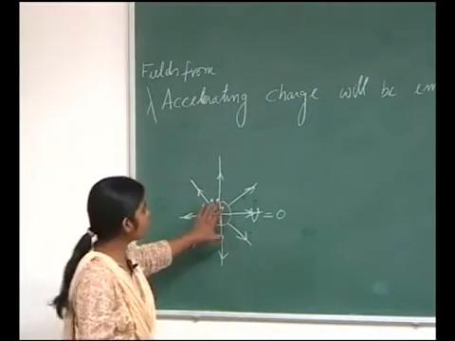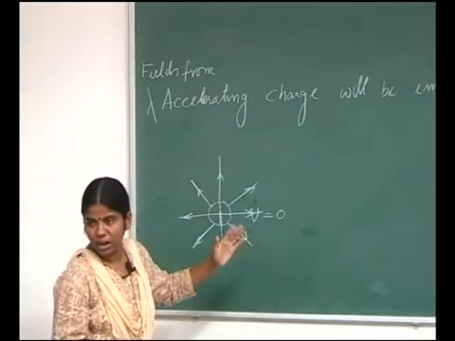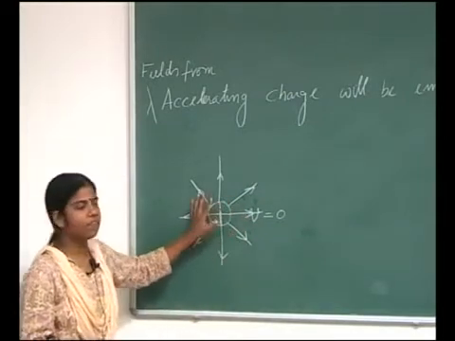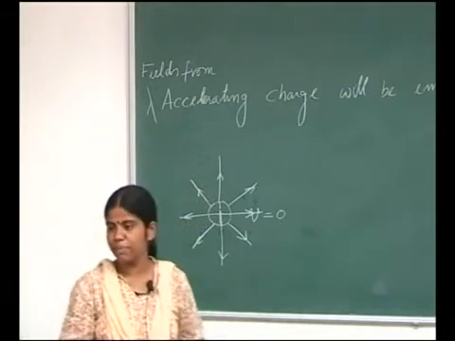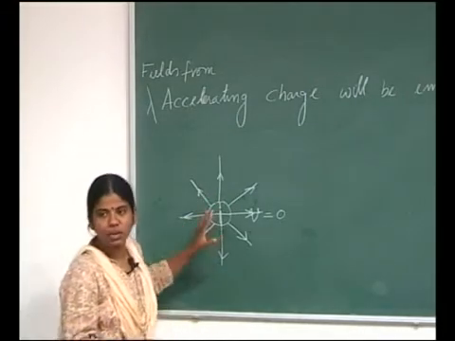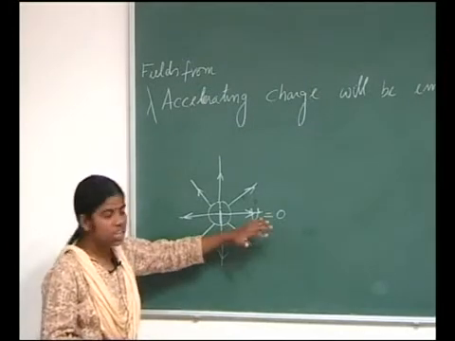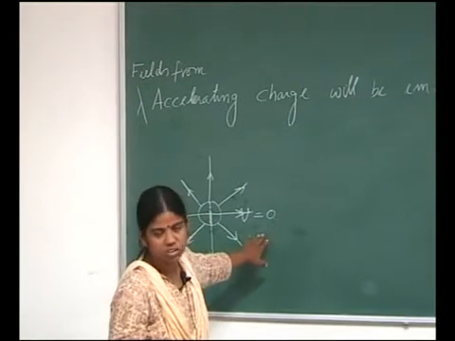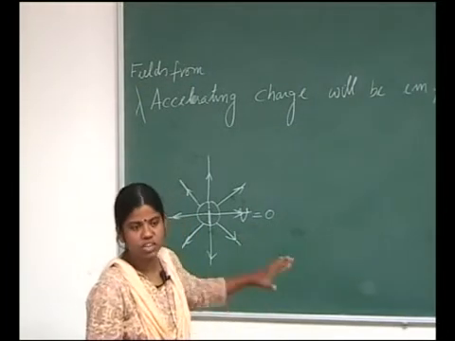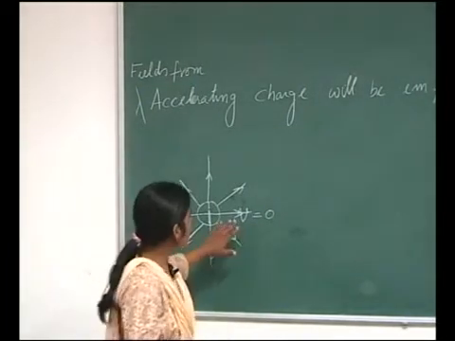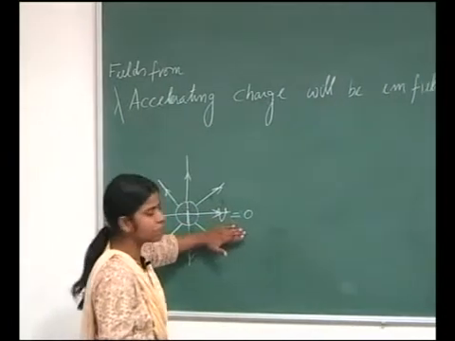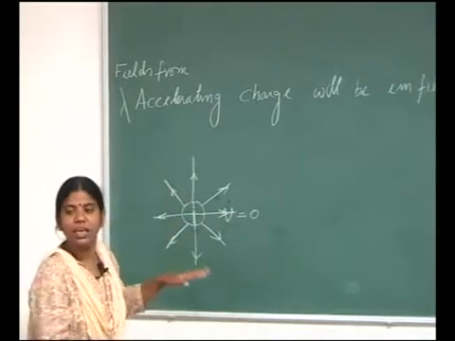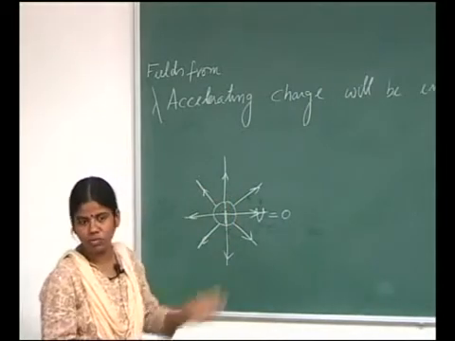If it is stationary, I have a uniform field around the charge. If it is moving with constant velocity, there will also not be any disturbance in the field pattern. Thus we can conclude that for a stationary charge or a charge moving with constant velocity, with no change in velocity, there is no disturbance in the field pattern coming out of the charge.